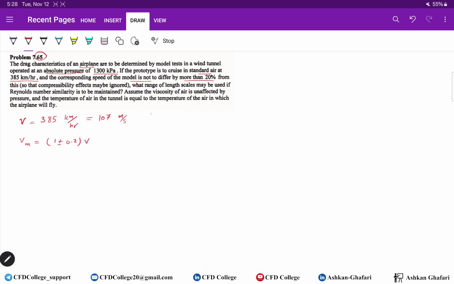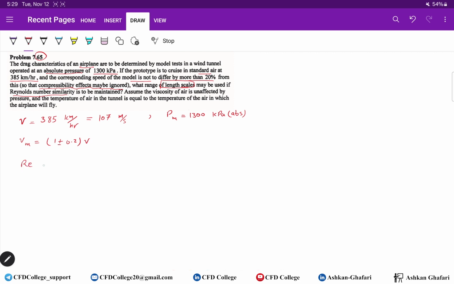And so we also have the pressure for the model, which is 1,300 kilopascals absolute. What range of length scales may be used? So now we should find the scaling. Compressibility effects may be ignored. What range of length scales may be used if Reynolds number similarity is to be maintained?